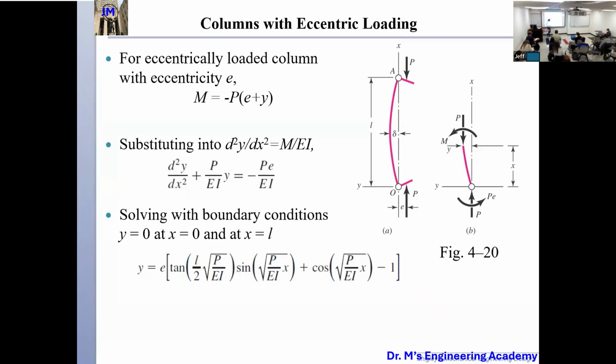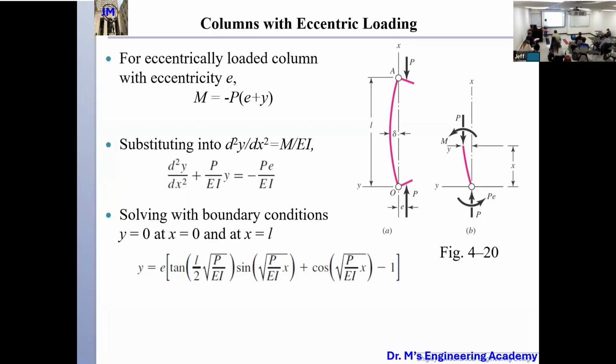So if we apply P here, we have a bending moment, and the bending moment equals P multiplied by E plus y. E is the distance, and we substitute it into this equation.